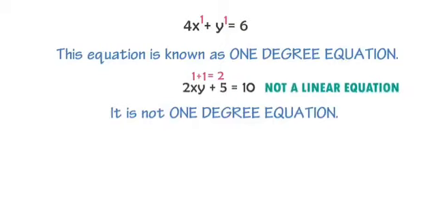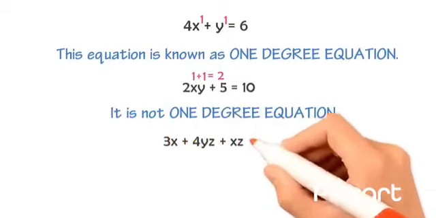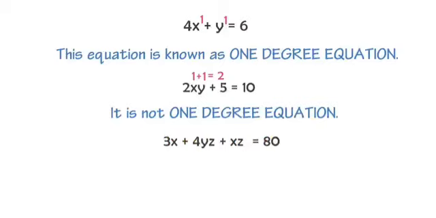Now again if I write 3x plus 4yz plus xz is equal to 80. In this equation there are four terms. The power of first term x is 1. The power of second term y is 1 and the power of z is also 1. Hence 1 plus 1 is equal to 2. Thus the power of second term is 2.